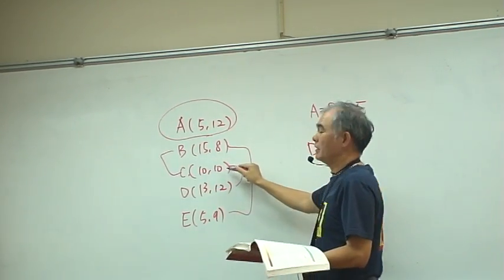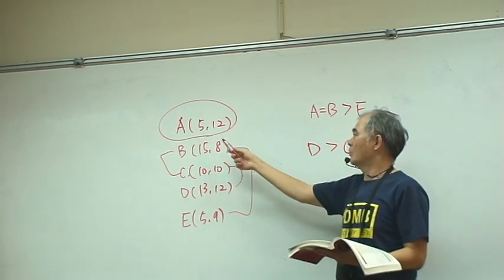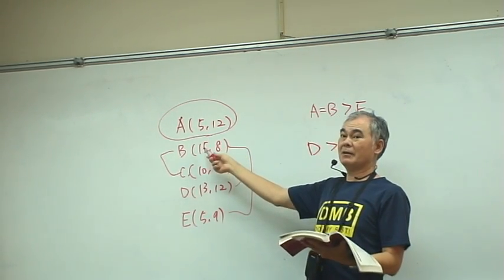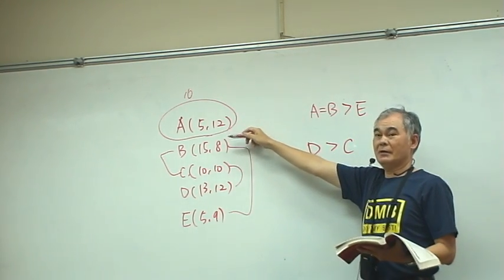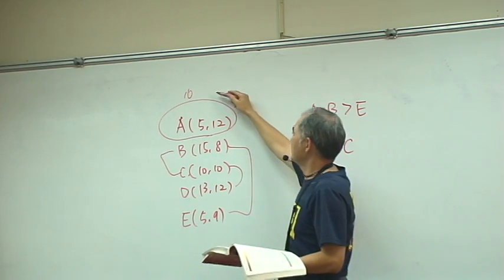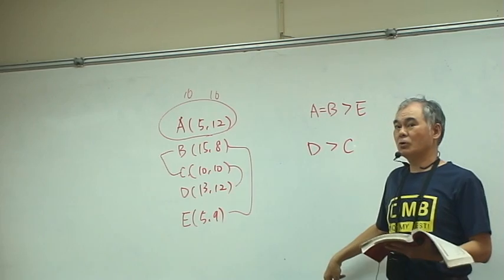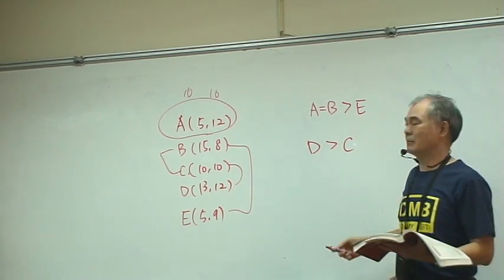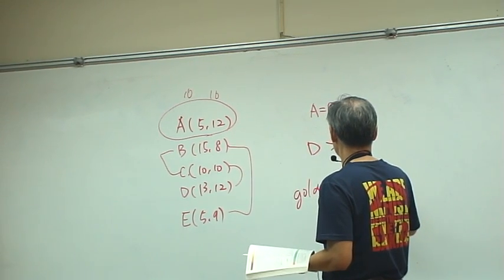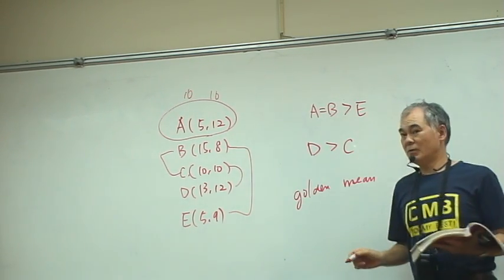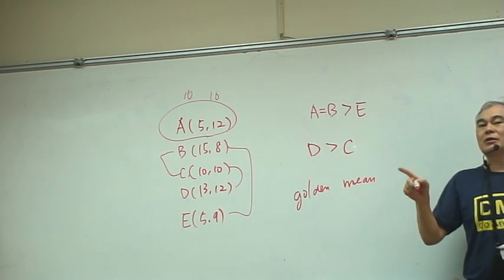Actually, C is the midpoint of A and B, right? So here is 5, 15, right? So the midpoint would be 10. Here is 12, here's A, right? So the midpoint is also 10. Remember that last time we talked about a rule called golden mean? Golden mean tells you that a combination is better than two extremes.